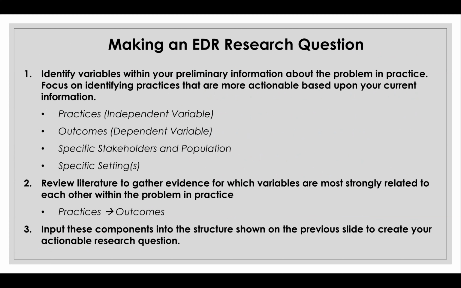So making your research question. Here's your recipe. First, identify variables within your primary information about the problem in practice. So look in your 2.1 organizer in the first table there for you. It's on page 1. And identify practices that are most actionable based upon your current information.